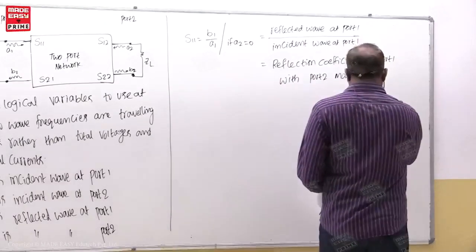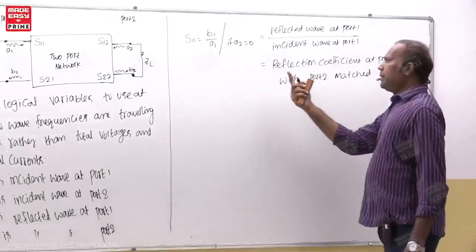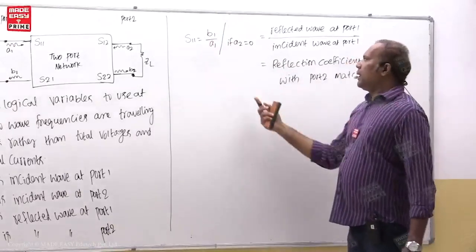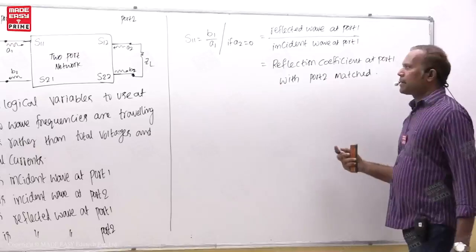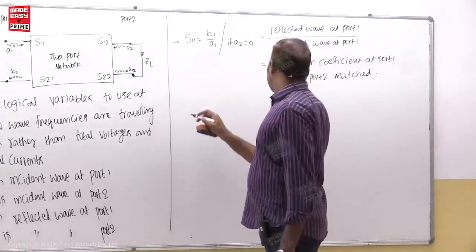That is the meaning, with port 2 matched. Port 2 matched means A2 is 0 here. This is the reflection coefficient, and A2 equal to 0 means with port 2 matched. That is the meaning. Okay. Now this is one thing.